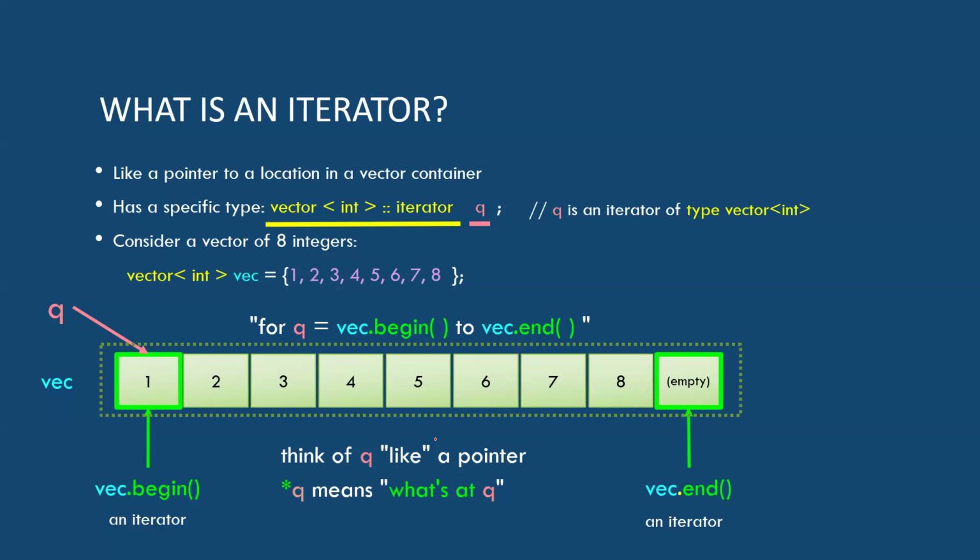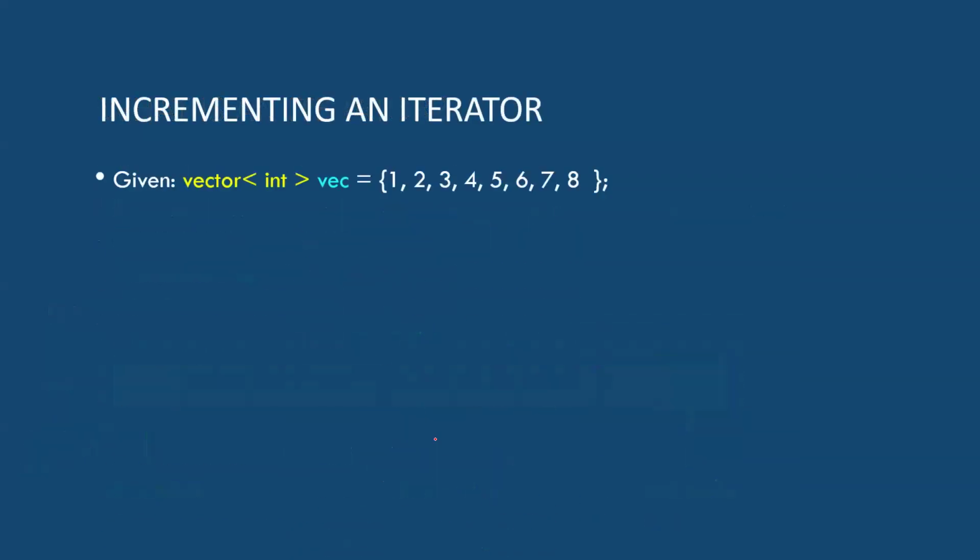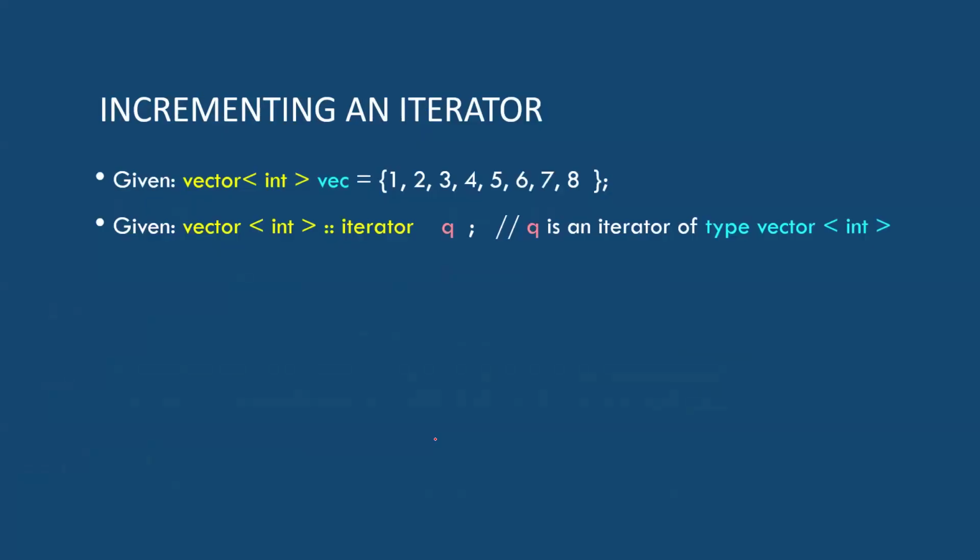So *q means give me what's at q, even though q is not really a pointer, it's an iterator, okay? So *q, if q is set to vec.begin, will give me the 1, of course, right? And so now I can iterate q and it'll act like a pointer. And again, I'm sure everybody's like, I want the square brackets back, right? It's way more intuitive to do the square bracket, but let's do some code.